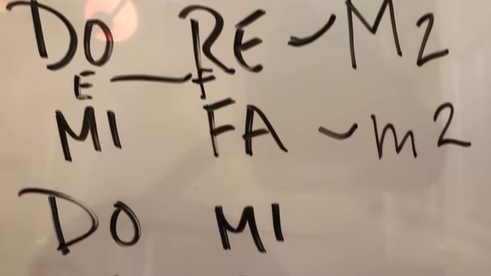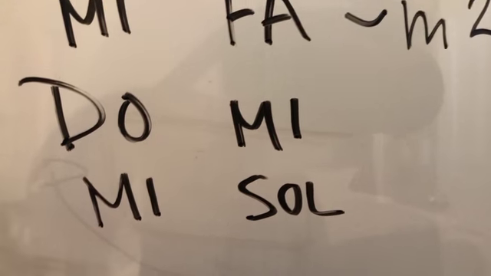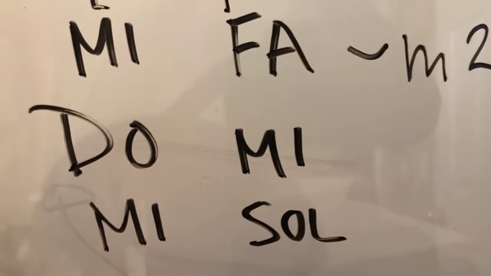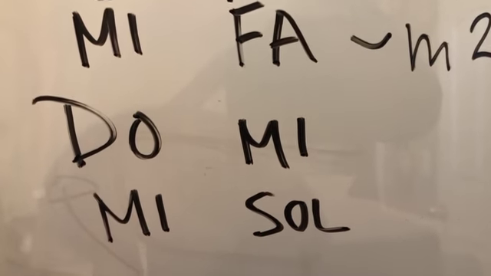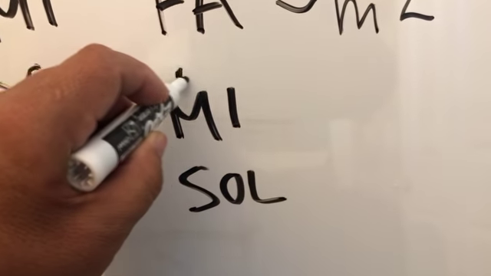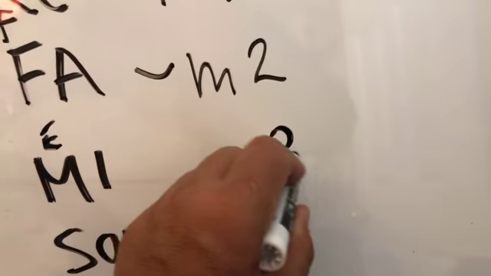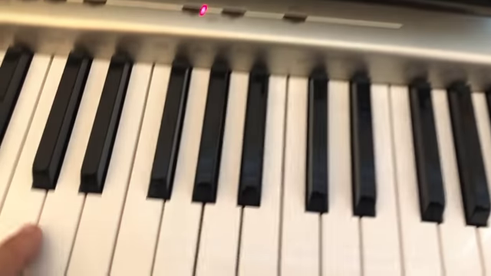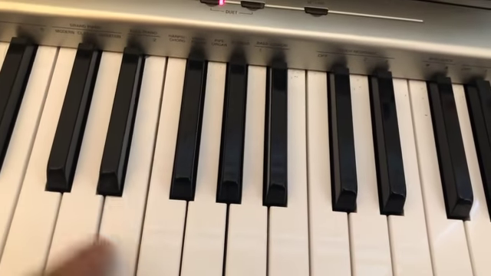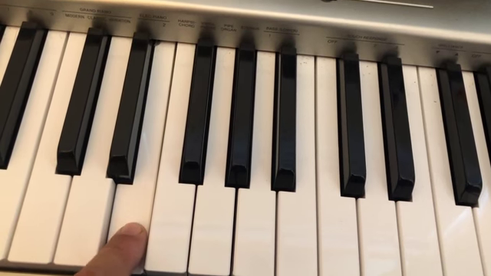Now I just want to do the same thing here for do, mi, and mi, sol. So this would be do, mi, right? That would be a C, and that would be an E. Now, this is a third, because when we look here, there's my do, and there's my mi, 1, 2, 3, right?